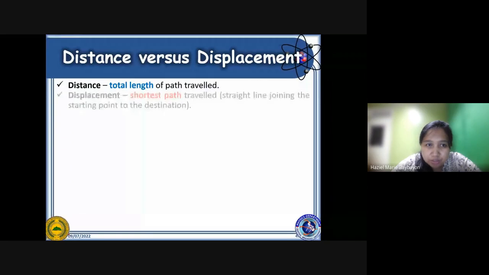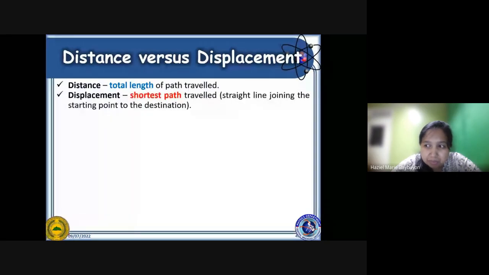You just need to sum up the length of path that is traveled by a moving object and you will get its distance. While displacement is the shortest path traveled. That is the difference, class. It is the straight line joining the starting point to the destination.